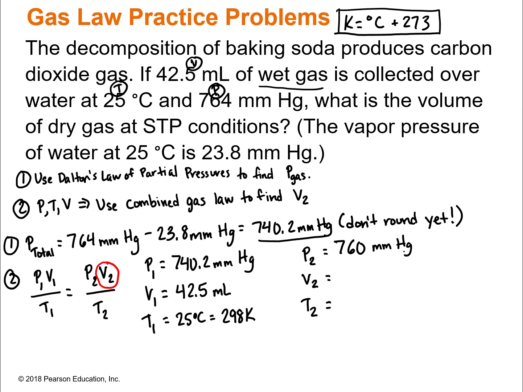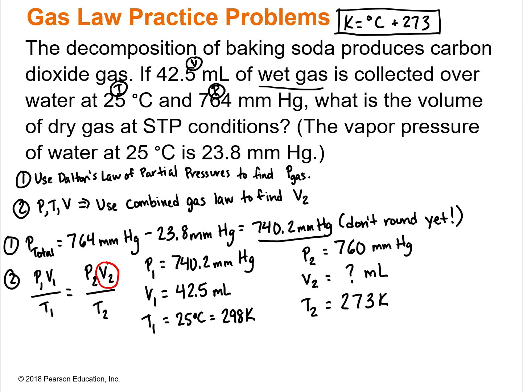So make sure that your pressures are in the same units. The volume, we don't know. That's what we're asked for. But whatever number we get, it's going to be in milliliters, because that's what our initial volume is in. And then our temperature, what's the temperature for standard temperature and pressure? Right. It's 273 Kelvin.